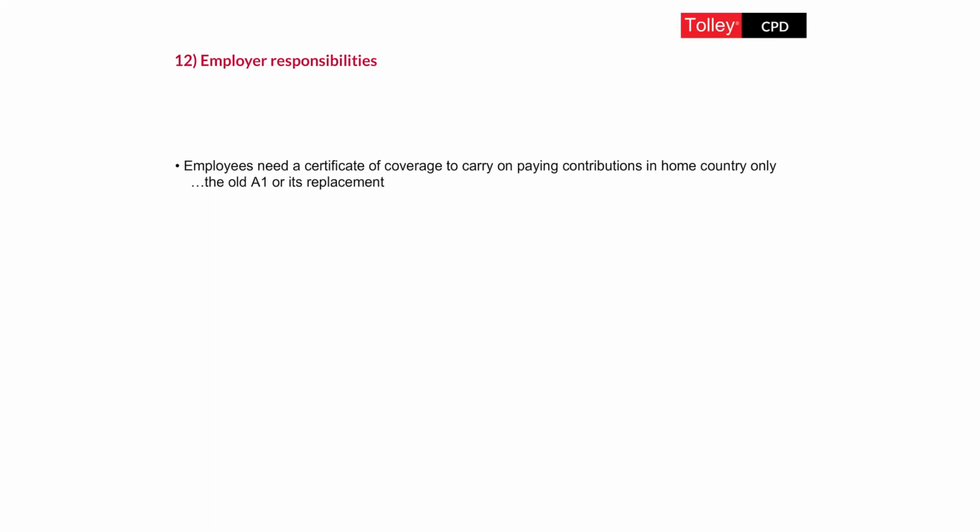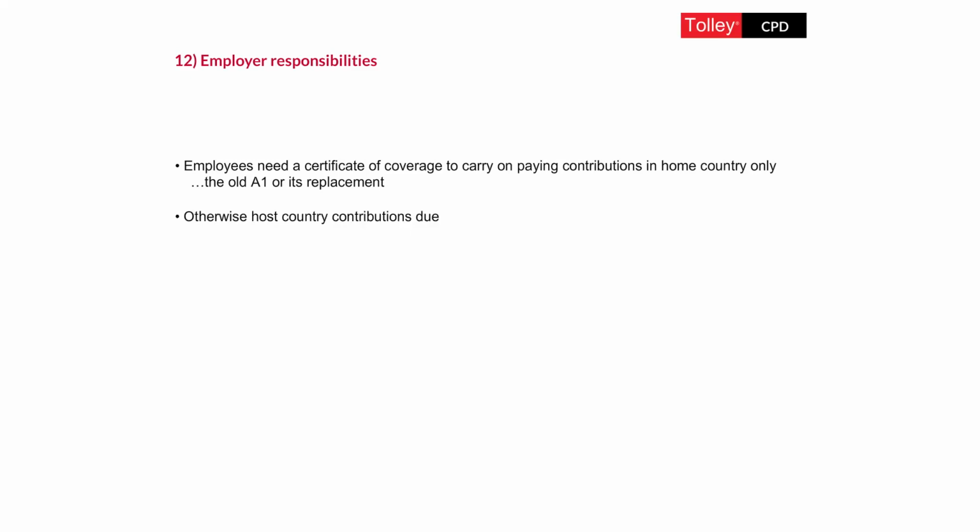So what are the employer responsibilities? Well, employees need a certificate of coverage to carry on paying contributions in their home country only. Now, this would be the old A1 or its replacement. At the time of recording this lecture, it's not clear whether they're going to carry on with the A1 or they're going to have a new form. But the principle will be the same. You're effectively getting the certificate saying, I'm paying national insurance in the UK, say.